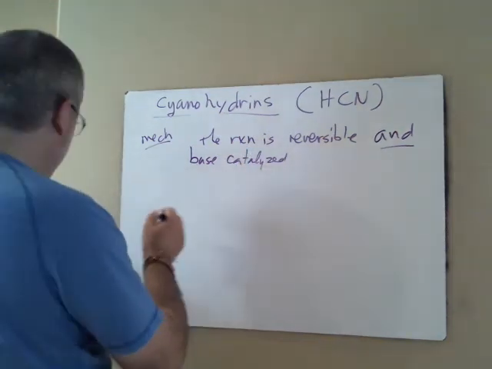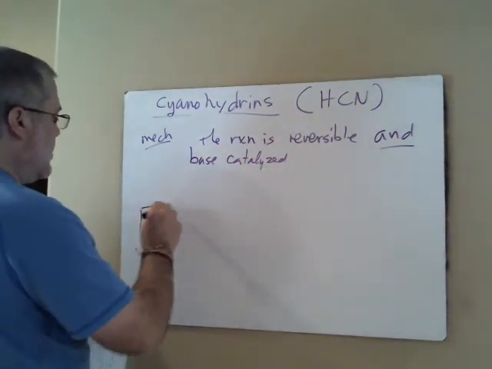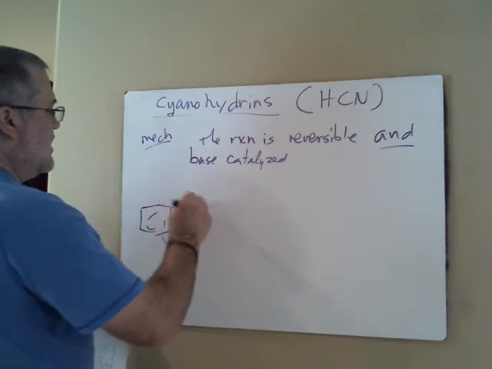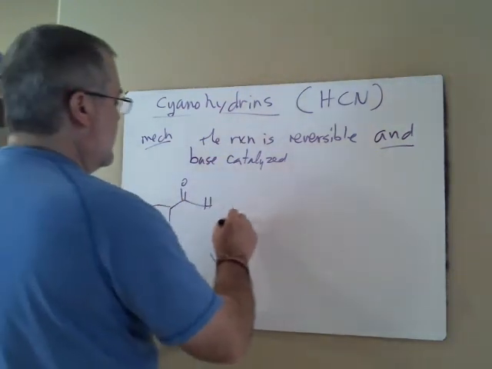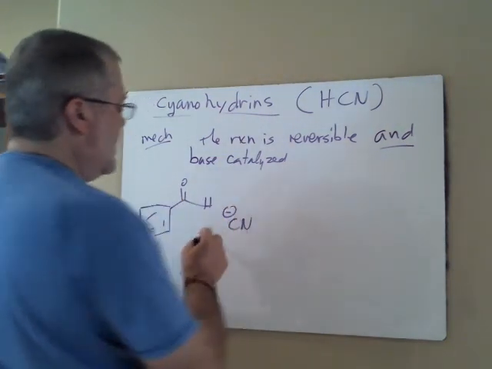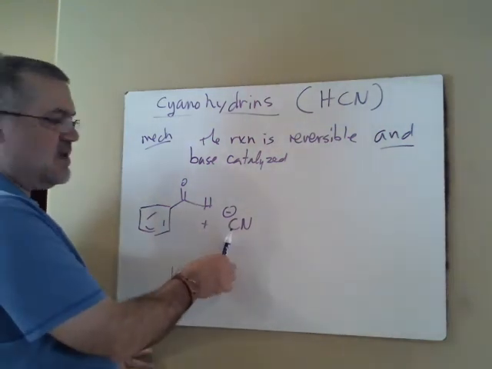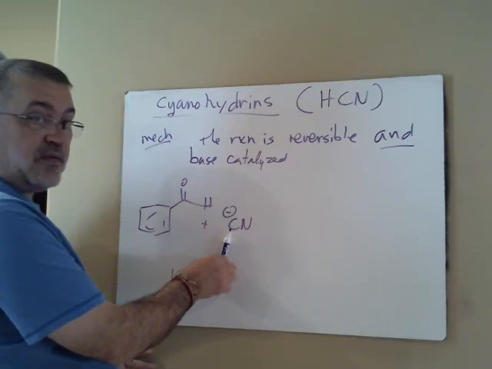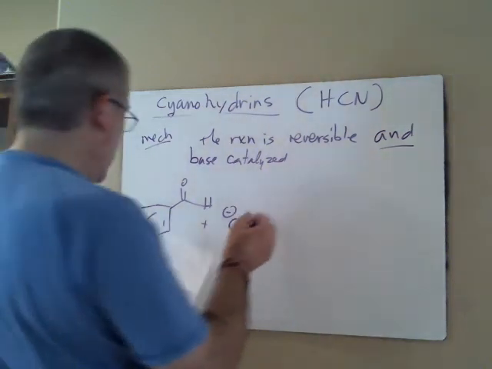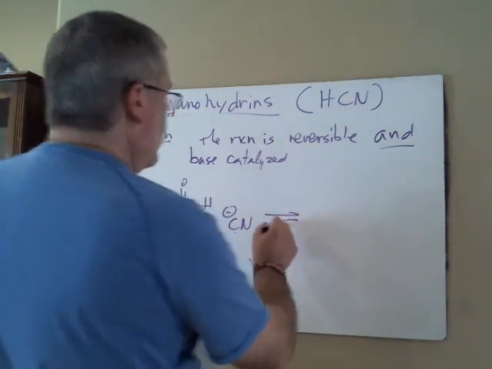So that means for this reaction to occur, when I'm looking at the mechanism, I have to have CN minus, because base catalysis makes this more nucleophilic. So it is actually with the minus charge.